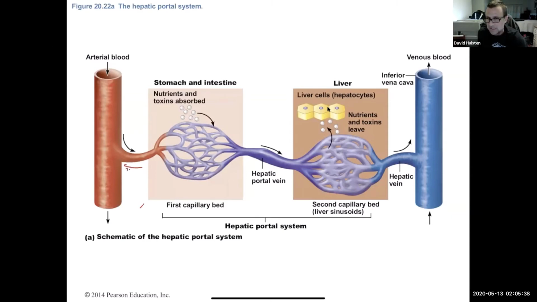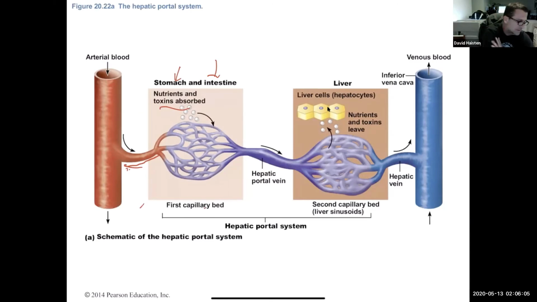The spleen is not for digestion. The spleen is friends with the immune system. So the blood goes out to the spleen and these digestive viscera. In your stomach and your intestines, nutrients and toxins are absorbed. So that's the first capillary bed.